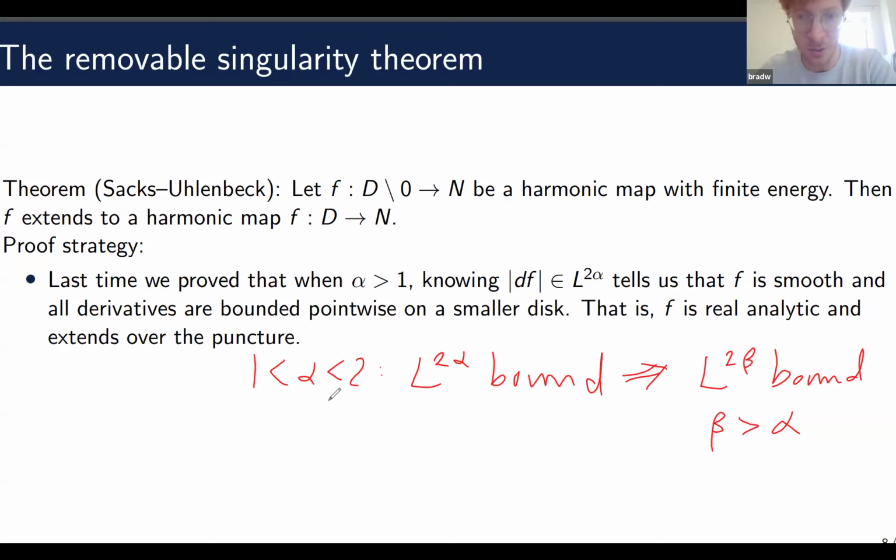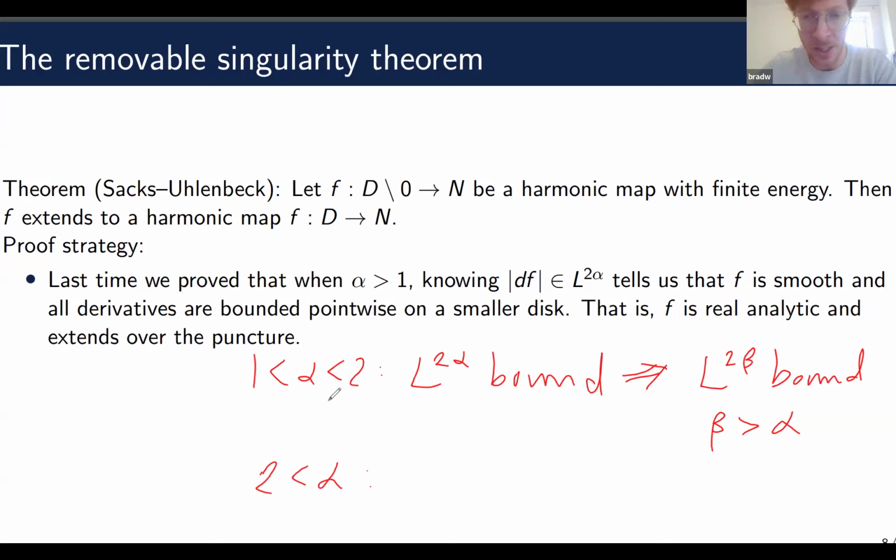And so this allows us to increase the integrability of df.